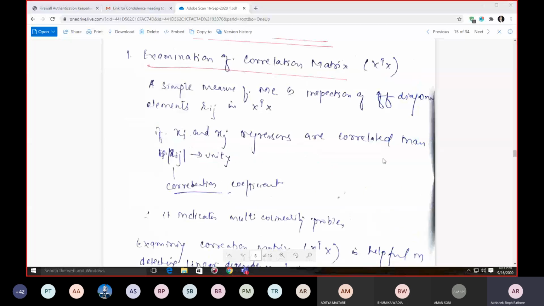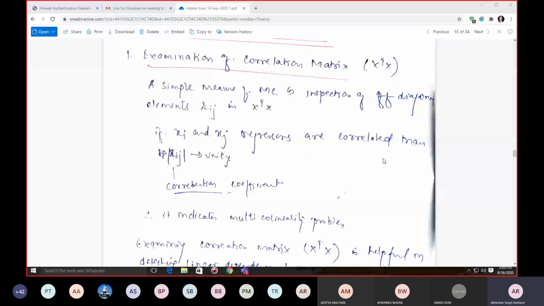First, you can examine it using the correlation matrix. Let's say we calculate x transpose x inverse when we want to estimate our beta. So we have a correlation matrix, that is x transpose x, available. For xi and xj, the value is represented as rij.